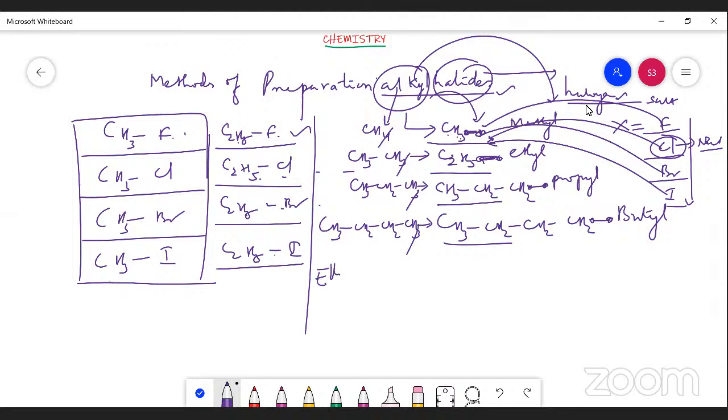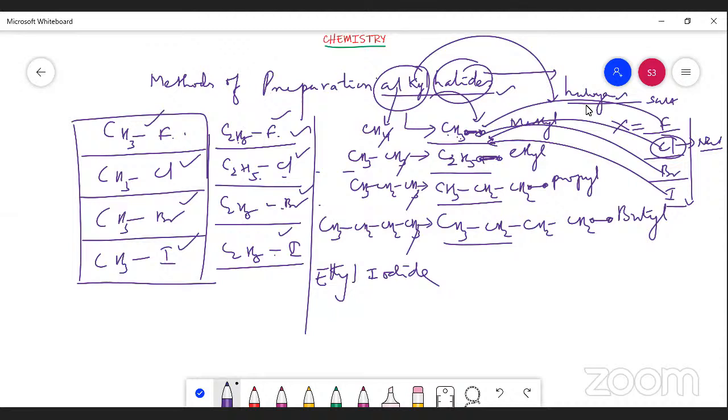So these are all alkyl halides. How do we prepare these compounds? By using chemical methods.